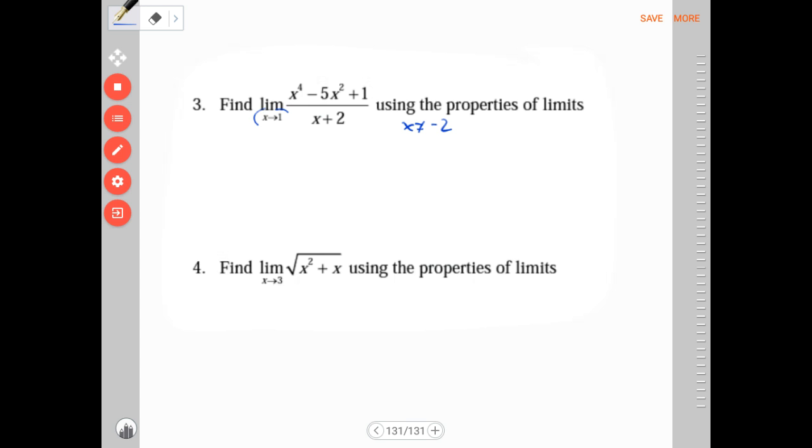So 1 to the 4th is just 1, minus 5 times 1 to the 5th is just 5, and then plus 1 over 1 plus 2 is 3. So 1 minus 5 is negative 4, plus 1 is negative 3, over 3, which is negative 1.